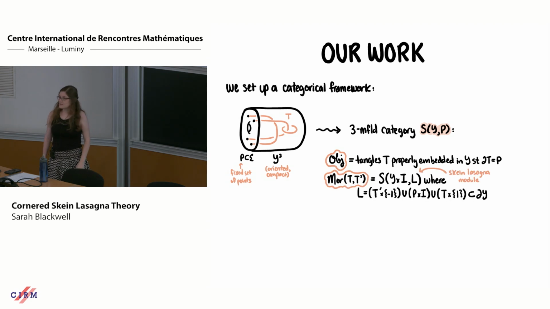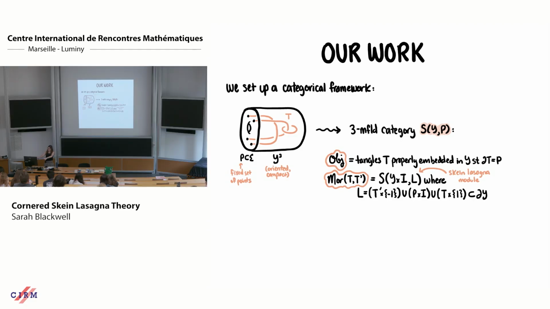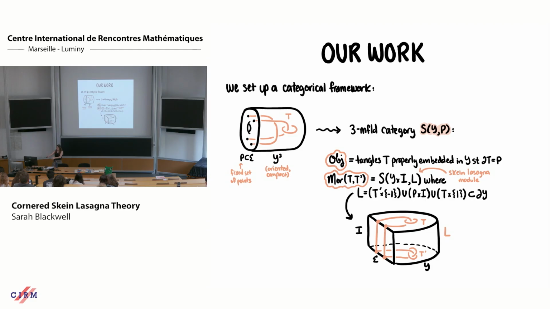And then morphisms between two different tangles: a morphism is going to be the Skein Lasagna module of Y cross I, which is now a 4 manifold, comma a link, where the link is basically the union of these two tangles. But why does it look like that?